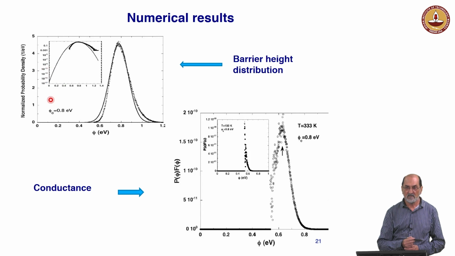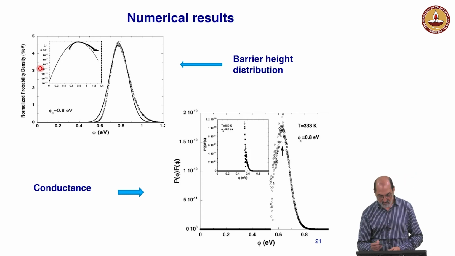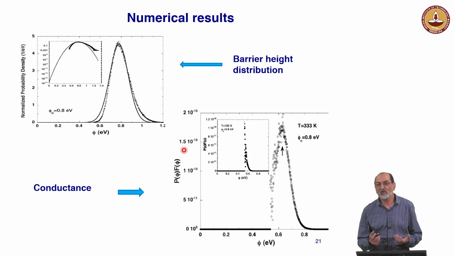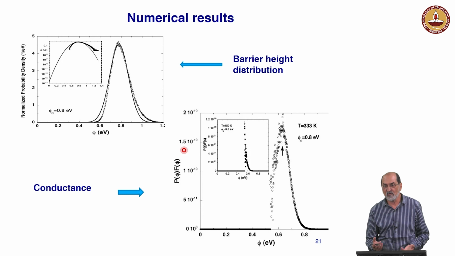In real life, here we don't have any contribution of any type because there are no barrier heights of that size. So here we have the conductance, that is this product, the integrand for the distribution from our model, a reasonable model.